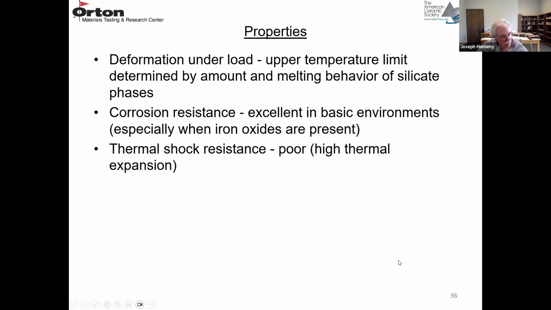So that's what the structure looks like. The key properties, creep resistance or deformation under load, that's really going to be controlled by the amount and chemistry of the silicate phases.